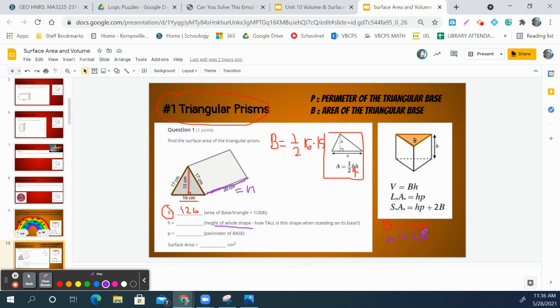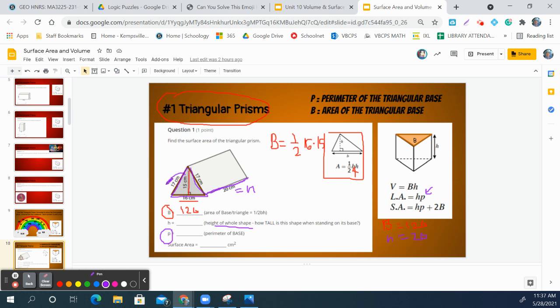So H equals 20. Then we've got the perimeter. The P is the perimeter of this whole shape. So 17 plus 16 plus 17. The perimeter is just the perimeter of the base.